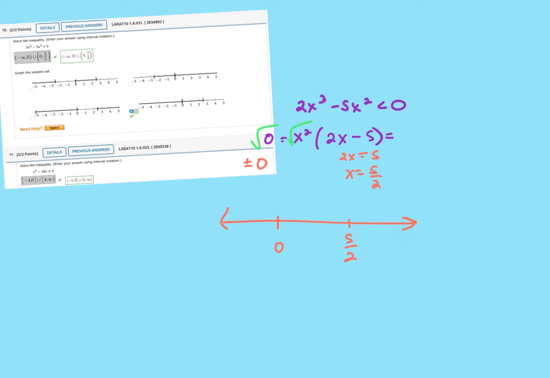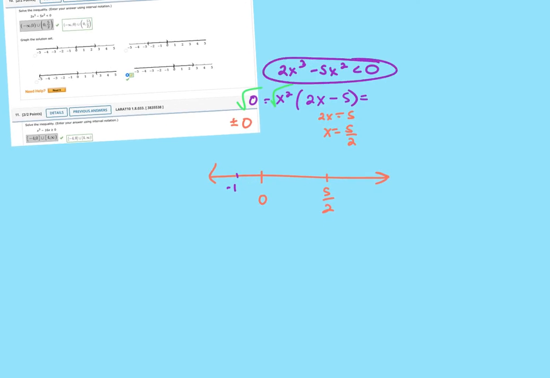So if I plug in here, let's say I do -1, I would plug it back into the original. So 2 times -1 to the third minus 5 times -1 squared is less than 0. 2 times -1 minus 5 times 1 is less than 0. -2 minus 5 is less than 0, and -7 is less than 0.